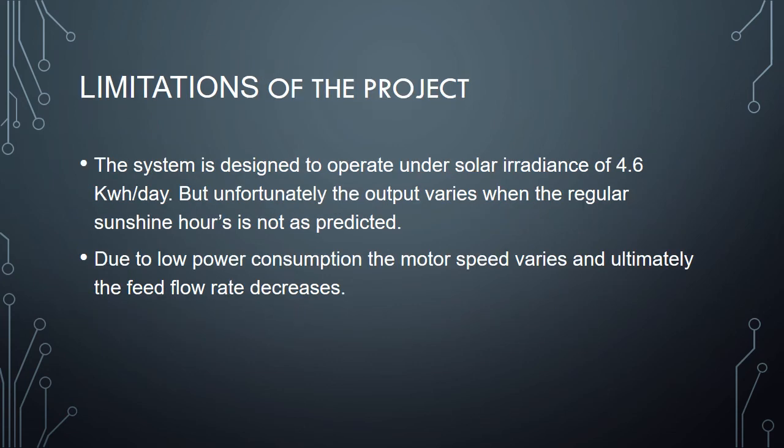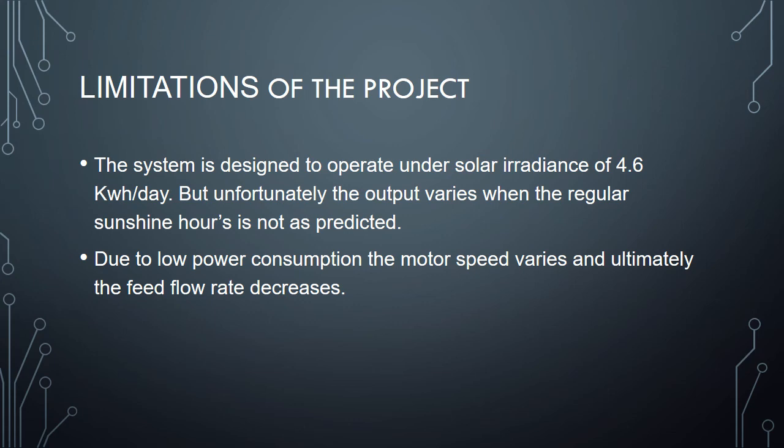It has some limitations. Firstly, the system is designed to operate under solar irradiance of around 4.6 kilowatt hour per day, but unfortunately, the weather of our country is unpredictable. For this reason, we could not harness the maximum power out of the system. We had to be satisfied with whatever was available in nature.